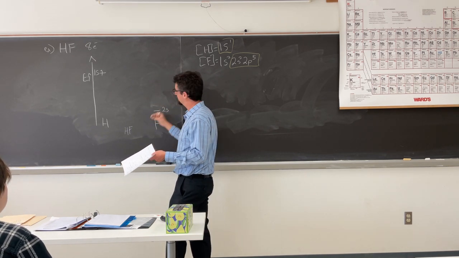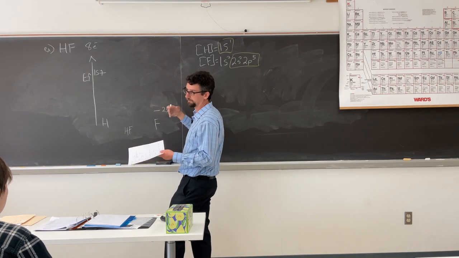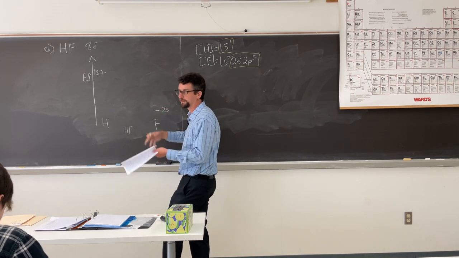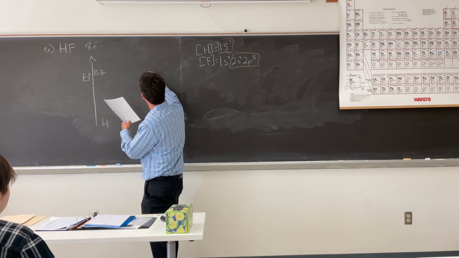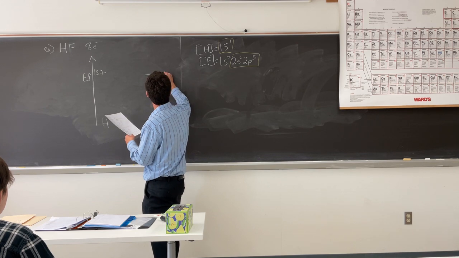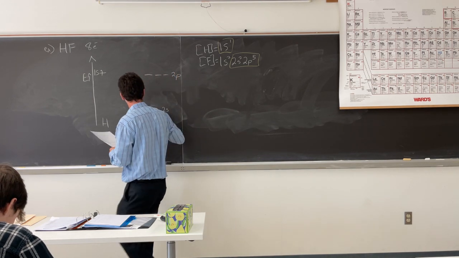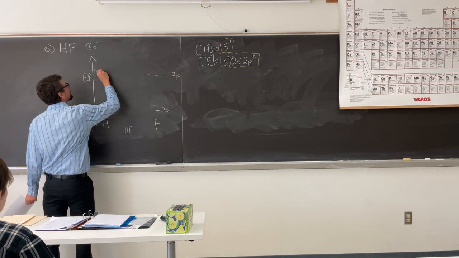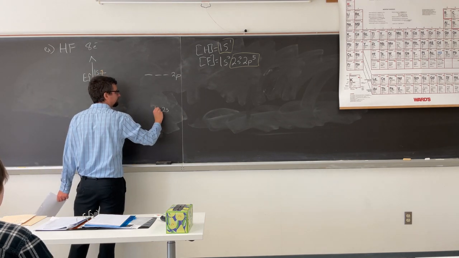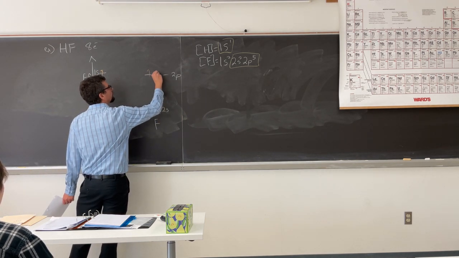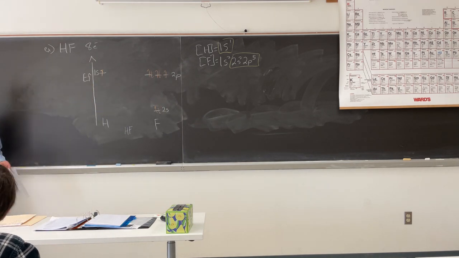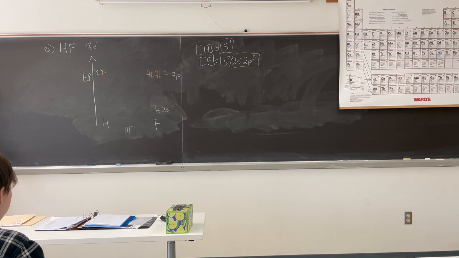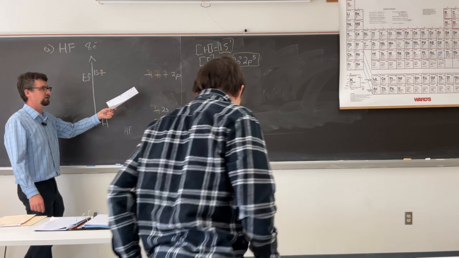Also, the electrons in this system are less effectively shielded because there are more electrons that keep getting tossed around. Okay, and then 2p. We used orange last time. Let's keep with orange. They're not the same energy level. The 2p is lower.